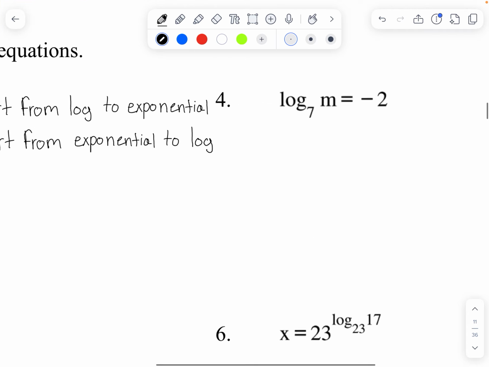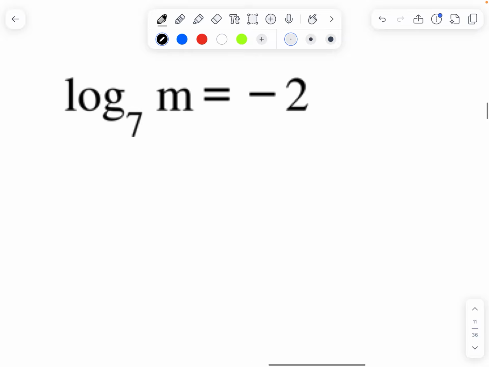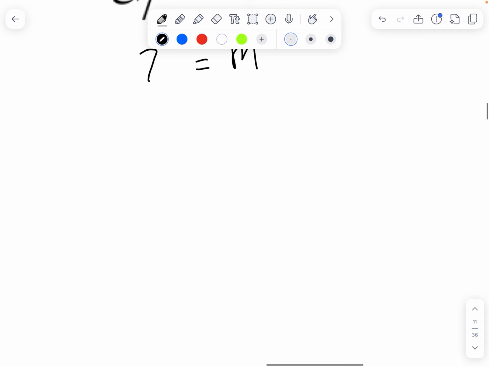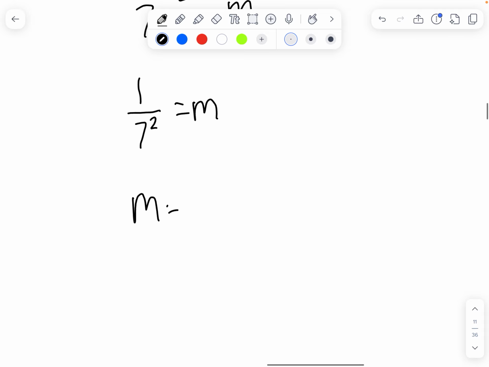Okay, on to the next question. So this is where we convert from log to exponential. So 7 to the power of negative 2 is m. 1 over 7 squared equals m. And m equals 1 over 49.